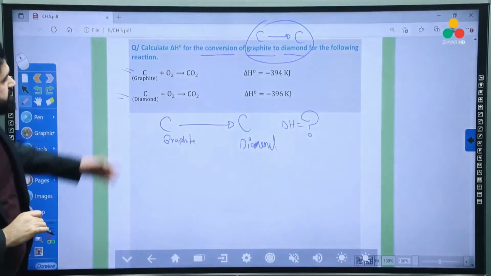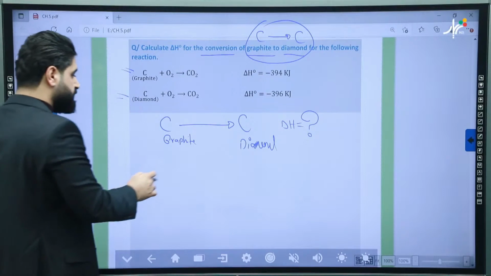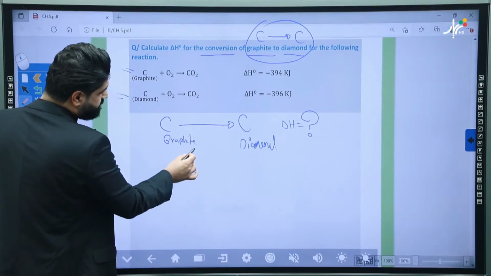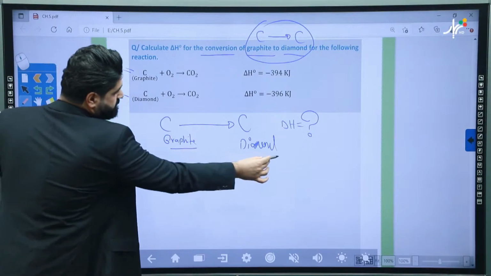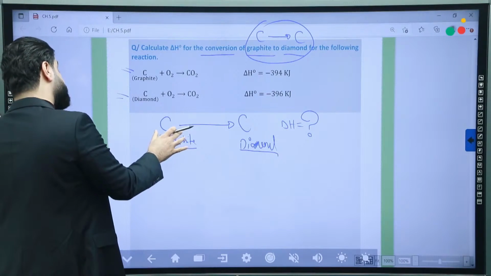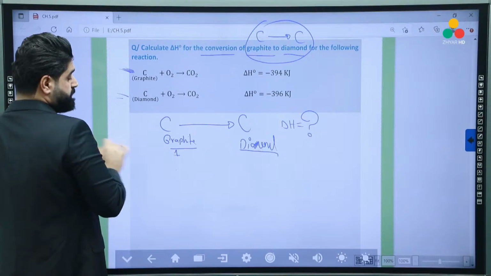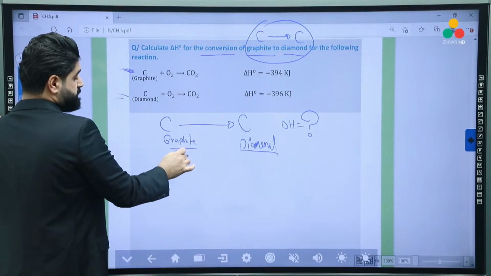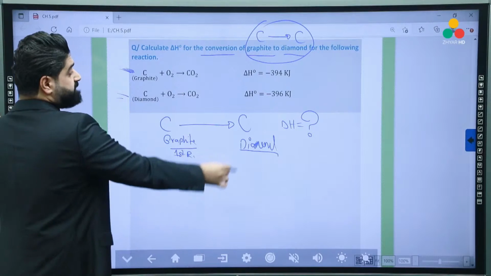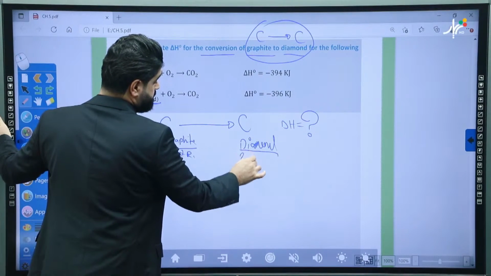Using these equations, it's very easy. Let's see. Carbon graphite and carbon diamond. We have carbon in graphite form from the first reaction, and we have diamond from the second reaction.